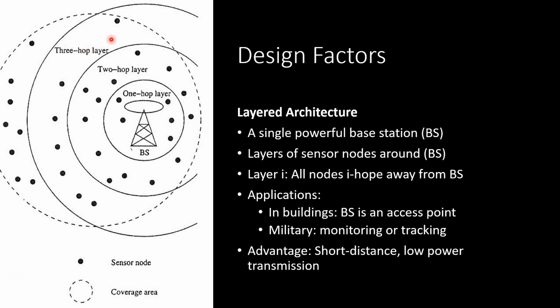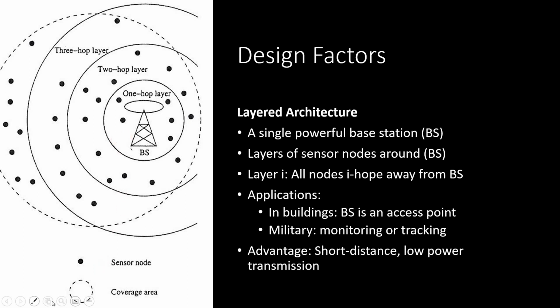Here, the 3-hop layer only has to send its message to the next layer. But the nodes in the 2-hop layer have to send their own message and also the message received from the 3-hop layer. And the 1-hop layer has to send the messages of the 2-hop layer, the 3-hop layer, and also their own message. So the nearer you go to the base station, the more pressure there is on the sensor node.